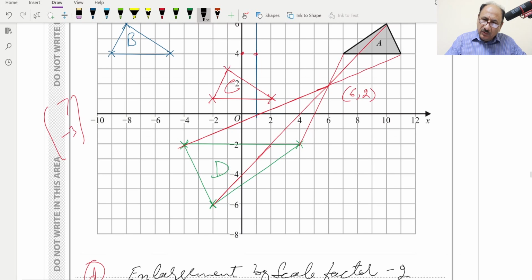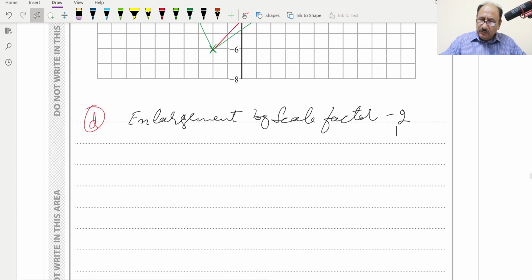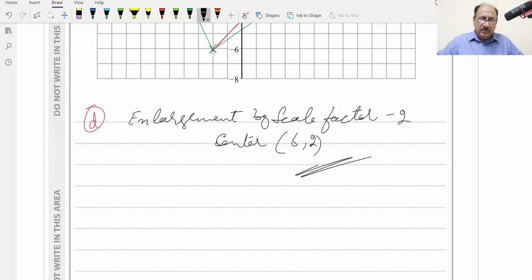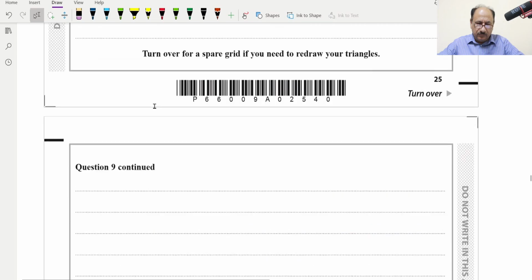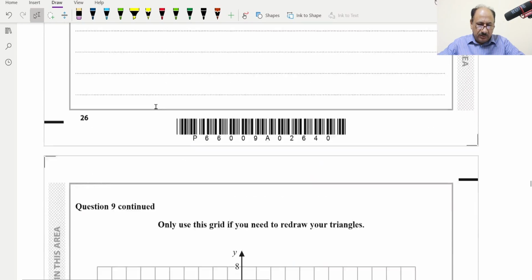So we can check 1 2 3 4, 1 2 3 4 5 6 7 8. So double of that one, and on the other side of the center of rotation, not rotation, center of enlargement. So center will be what? 6 and 2. This will be the center, and this is the detail which we are provided. And this question number 9 is done.